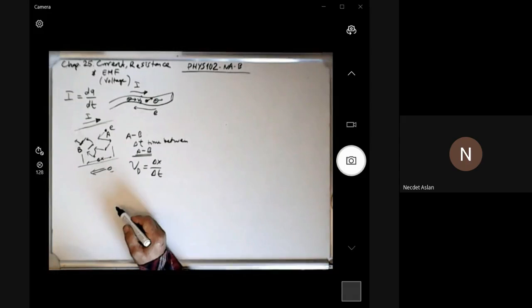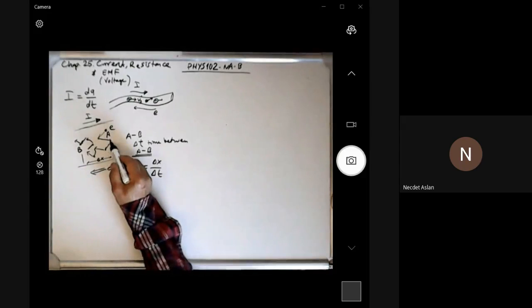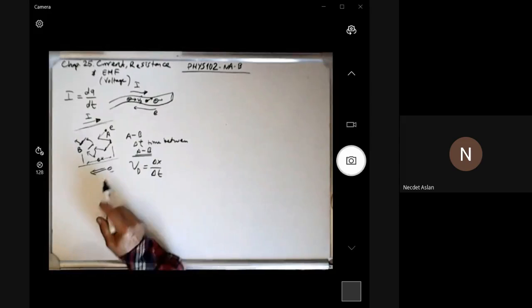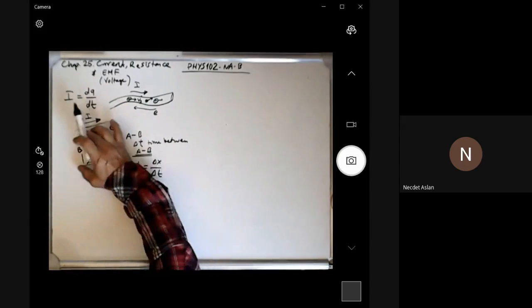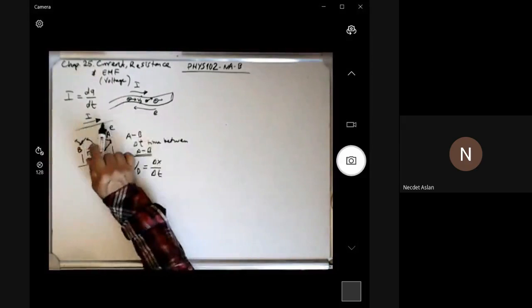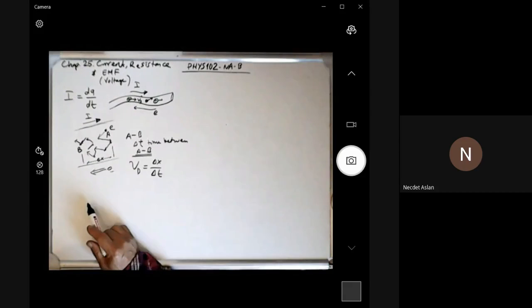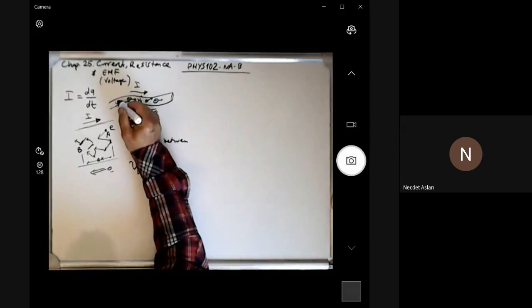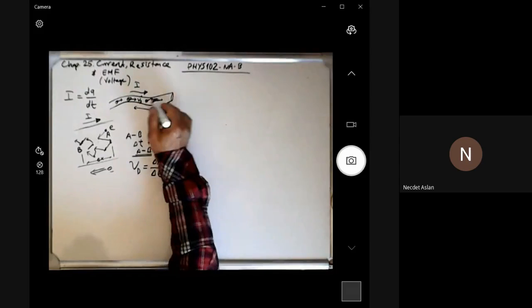So, as you see, the electron makes lots of collisions in coming from point A to B because of this drifting, but the current is flowing from left to right. So we can treat this as if positive charges are moving along the current.